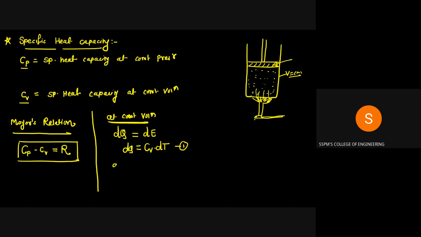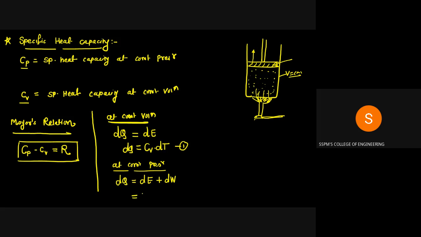At constant pressure, if you want the pressure to remain constant and we supply the heat, then this piston will move in the upward direction, so the volume will change. So the heat supplied dq is partially utilized to increase the internal energy, so it is dE, and the remaining heat is utilized to do the work, so it is dW.